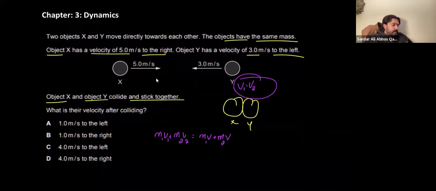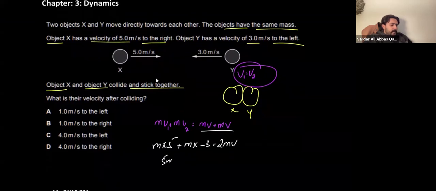Achha, so now I'm just going to substitute in the values. And they also have the same mass. Okay, fun fact: if they have the same mass, then I also do not need to write m1, m2, and stuff like this, because all of this is equal, right? So, m into 5 plus m into minus 3 is equal to, I'm going to add this up, 2mv. 5m minus 3m.